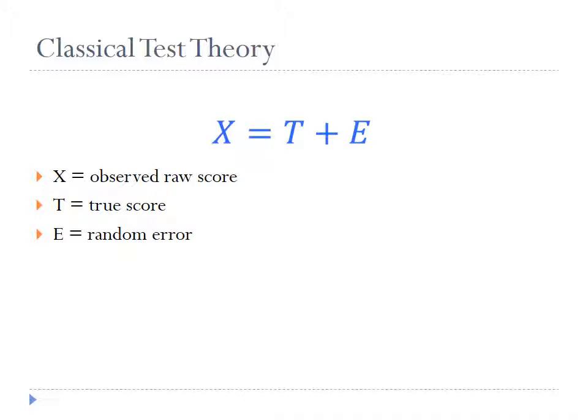So your score of 85, perhaps your true score is really 78. That means that the error component was 7, because 78 plus 7 equals 85. That was your observed score.